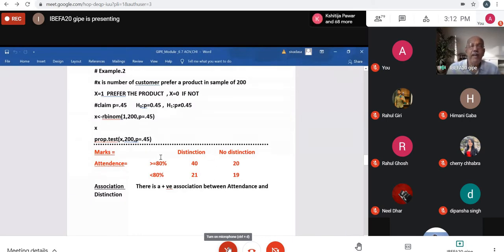So how many parameters are involved here? 2. Perfect. So P1 is the probability of getting distinction among 80% attendance. P2 is the probability of getting distinction below 80% attendance. Is P1 equal to P2? Verify.